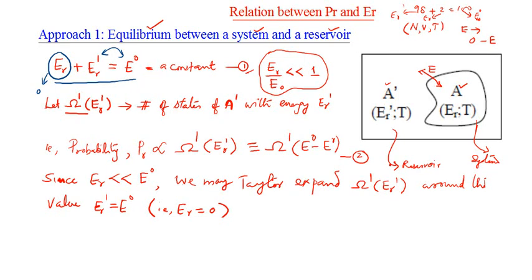And one more thing before we go for the expansion: this quantity omega or omega prime is going to be very large, because it is the number of accessible microstates of a system in the thermodynamic limit, having N particles, where N is of the order of Avogadro number.